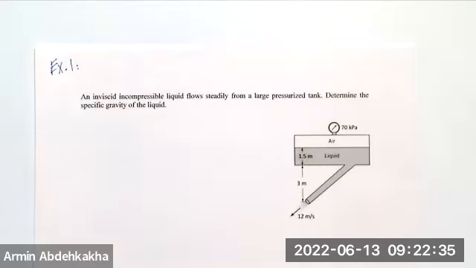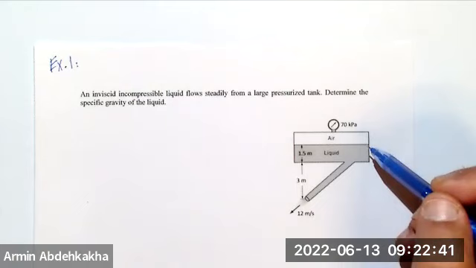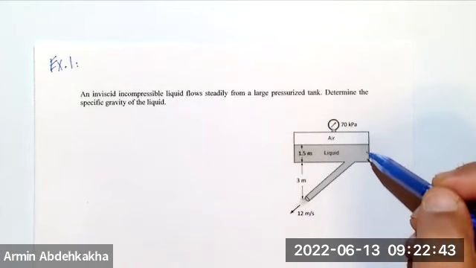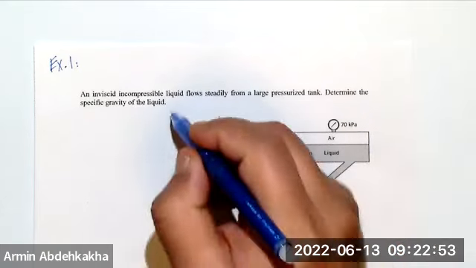Here is an example. An incompressible liquid flows steadily from a large pressurized tank. Determine the specific gravity of the fluid or liquid. So what is asked? What is the gamma?